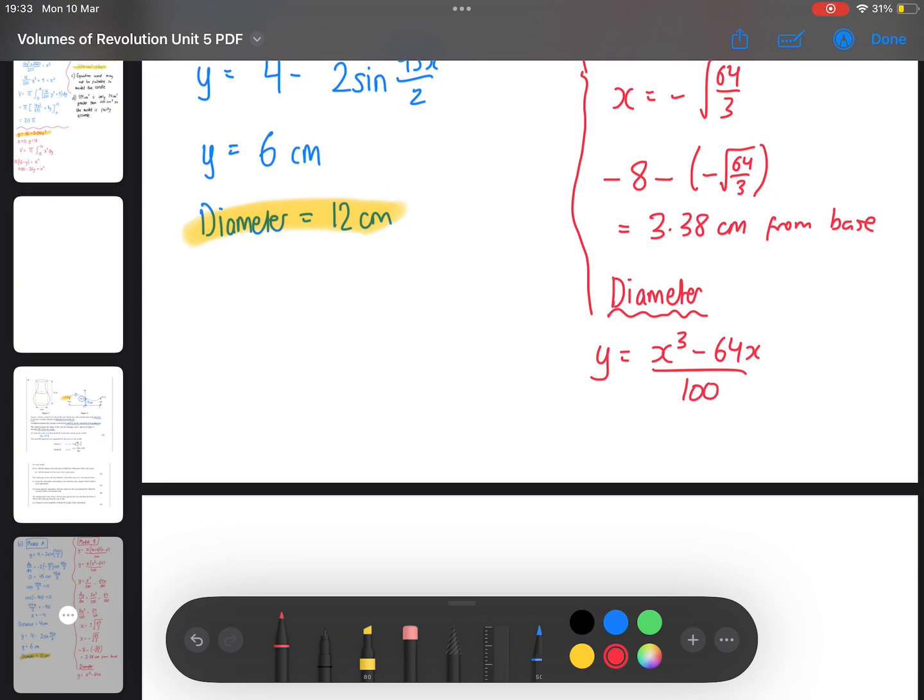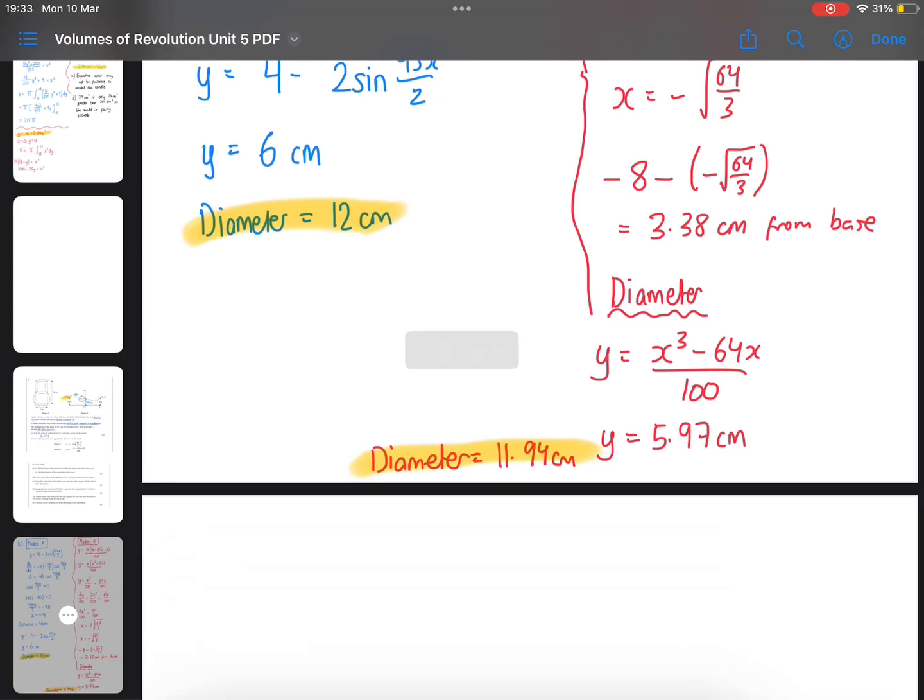If you substitute in minus the square root of 64 over 3, you will get that y is approximately 5.97 centimeters at that point, and therefore the diameter is double that, which is 11.94 centimeters. So that's perhaps one of the harder bits of the question done.